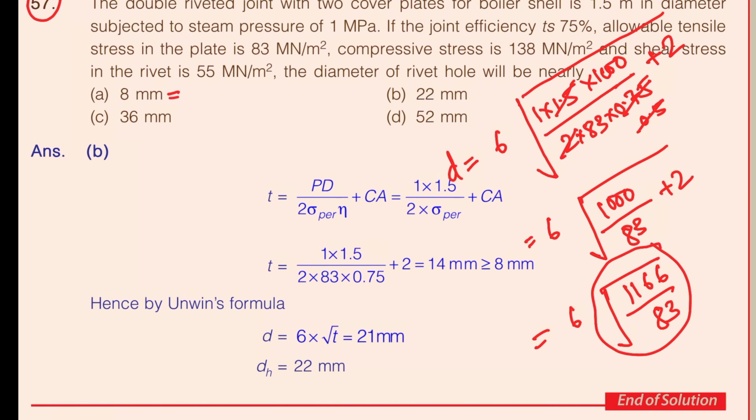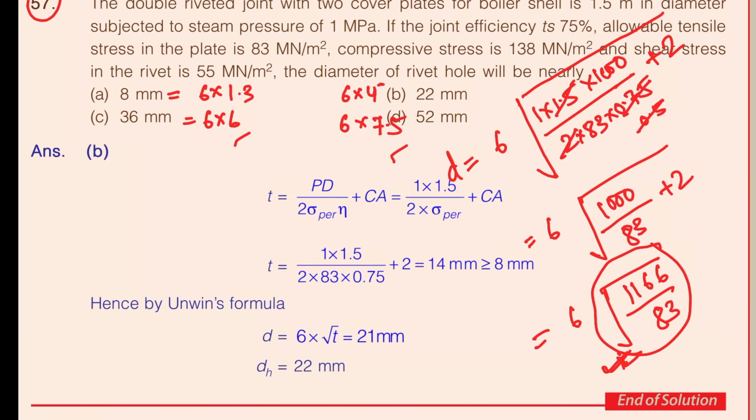Number one option is 6 multiplied by, let's say, 1.3 or so. Second option is 6 multiplied by a number which is less than 4. Third one is 6 multiplied by 6. Fourth one is 6 multiplied by a number which is almost 7.5. Now this square root can never be 7.5, it can never be 6.